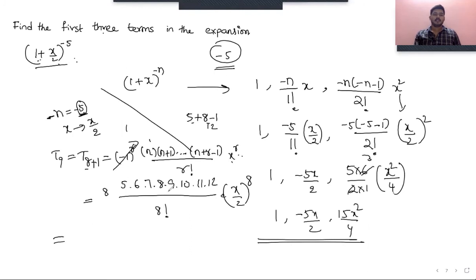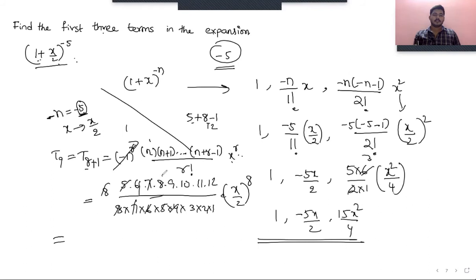So if we expand 8 factorial, 8 into 7 into 6 into 5 into 4 into 3 into 2 into 1. Now 8 8 cancel, 7 7, 6 6, 5 5 cancel.